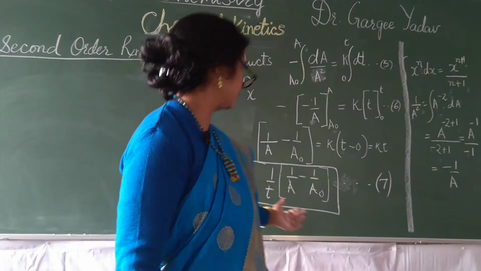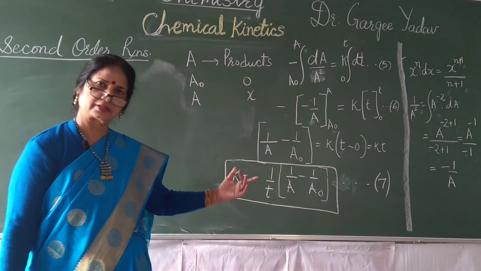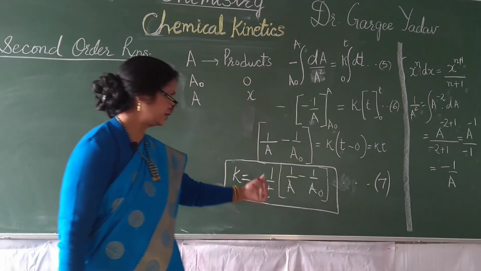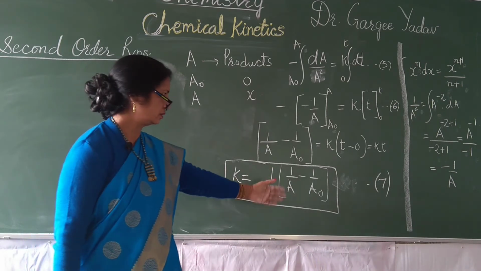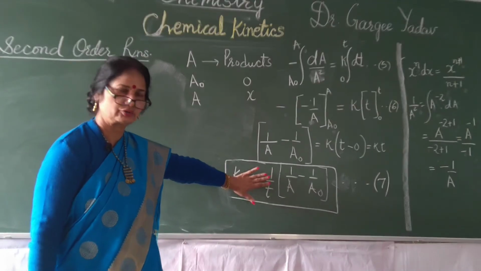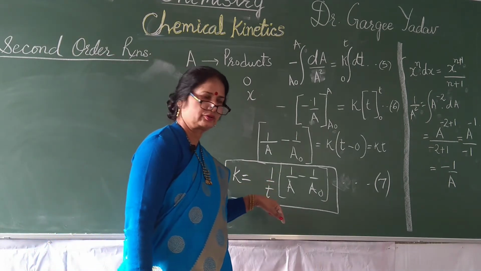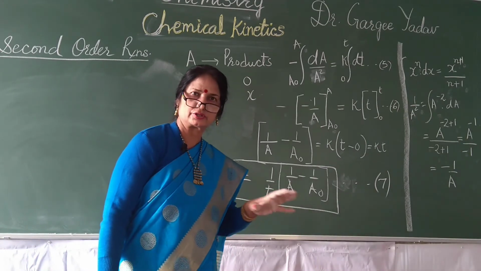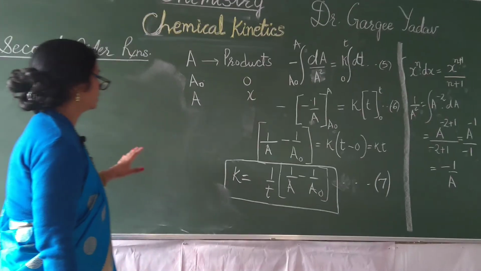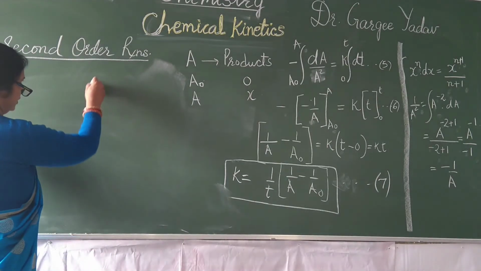This is our integrated rate form for a second order reaction, and I have written it in the simplest way. This will be easy for you to remember and to recall. But I would like to tell you about the way in which it is written in your textbooks. In your textbooks they have written it this way.